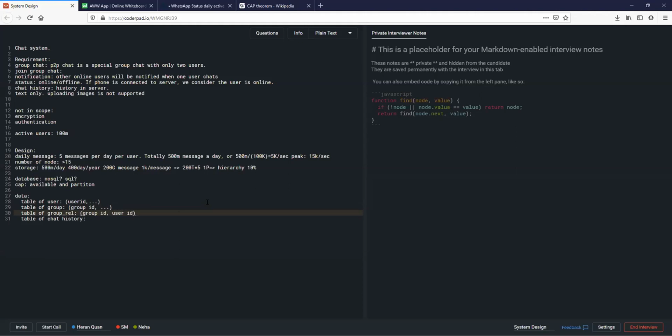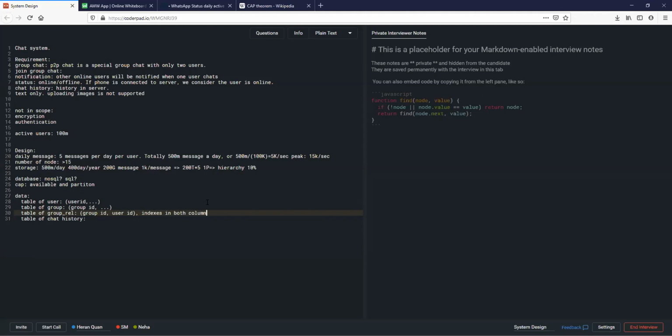Both of these can be indexed. One user can have multiple group IDs and one group ID can have multiple users. This item itself is unique, but we need at least two indexes. They would have their own index in their own table, the user table and the group table.